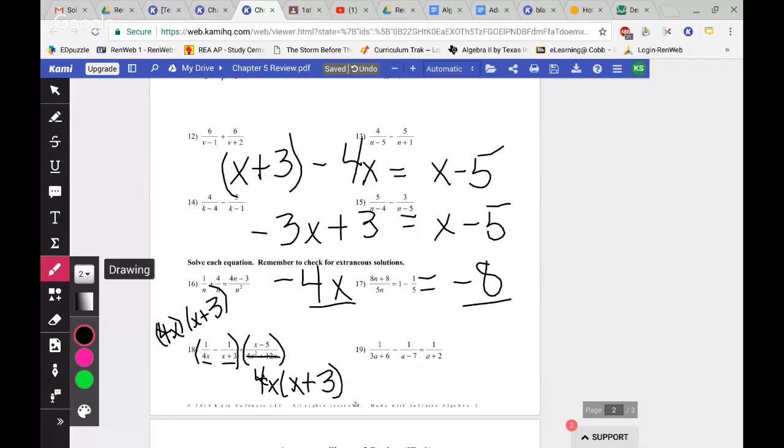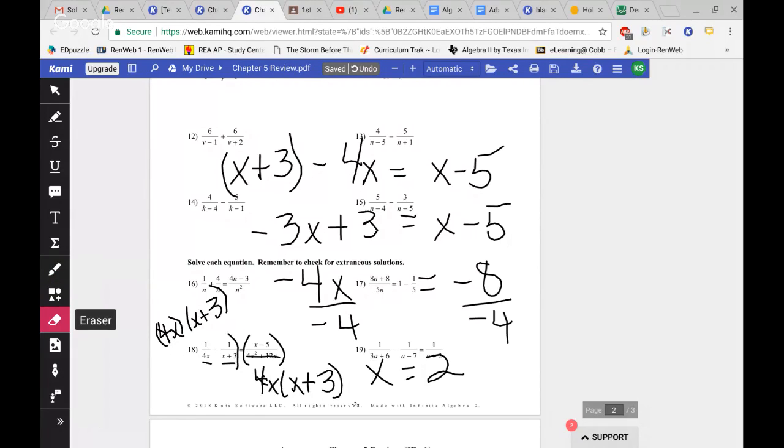Divide both sides by a negative 4, and that gives me x equals 2. Once again, you would want to plug that 2 back into the denominator in order to ensure that you're not going to get a 0 in the denominator, and you don't anywhere. So it is not an extraneous solution. So 2 works for it.